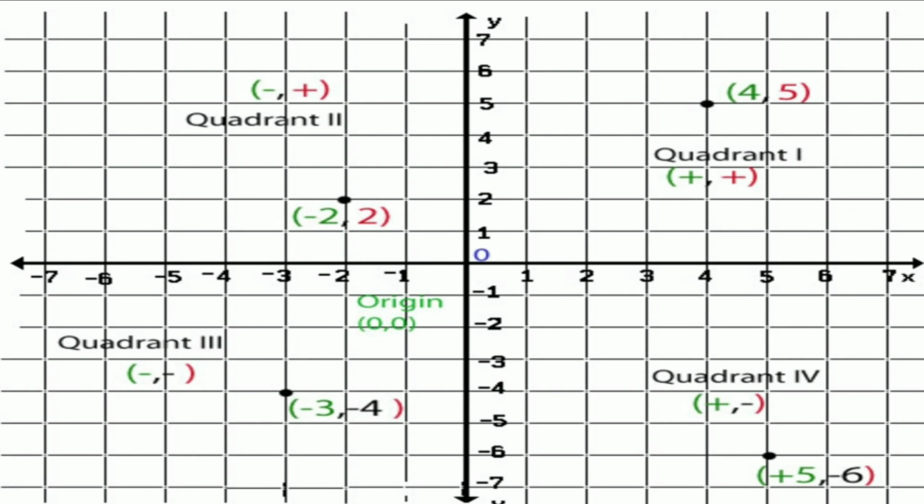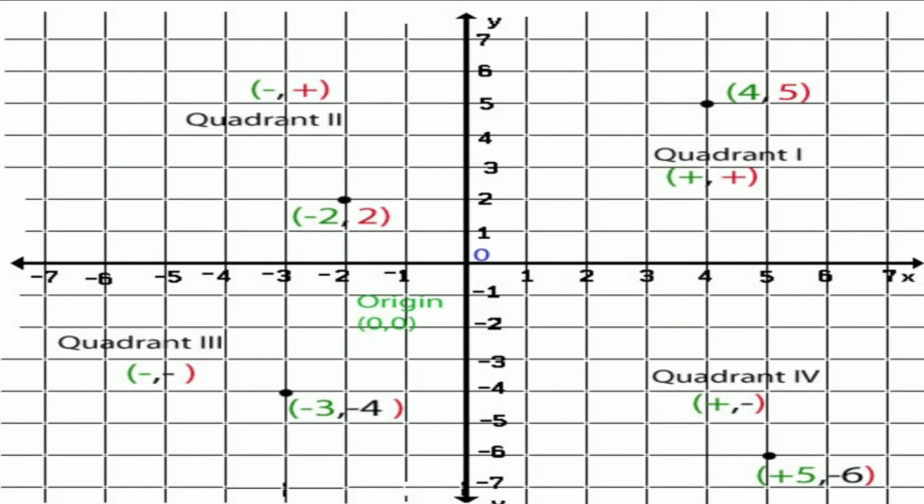As we already said, the point where these lines intersect is known as the origin and is denoted by the letter O, and it partitions the plane into four distinct regions called quadrants. So there are four quadrants in the rectangular coordinate system. The first quadrant is the upper right section between the x and y axes, where the signs of both coordinates x and y are positive.